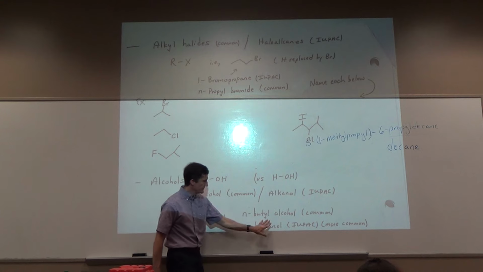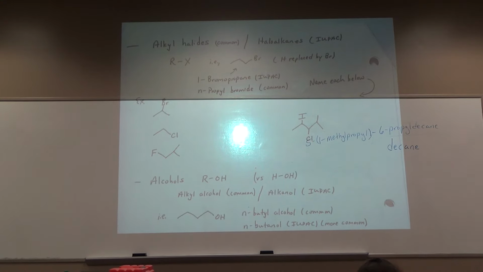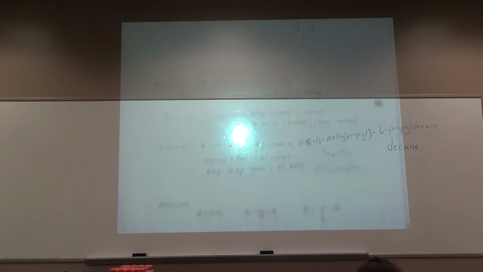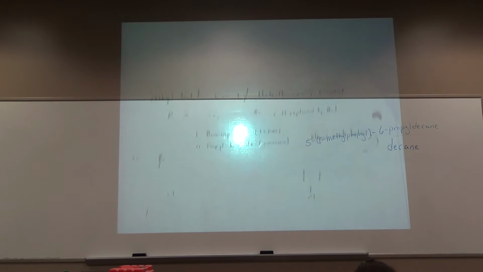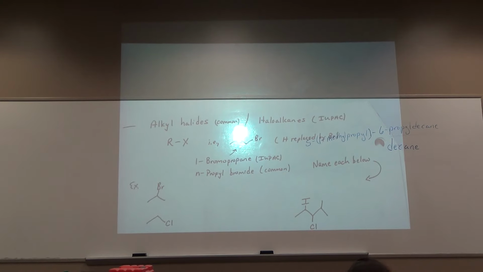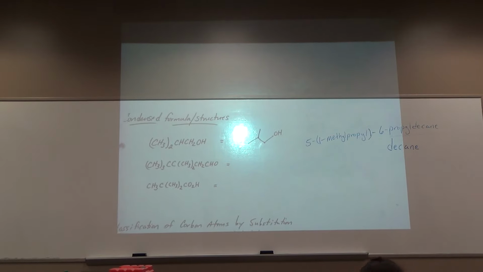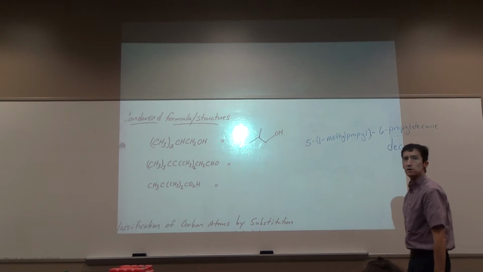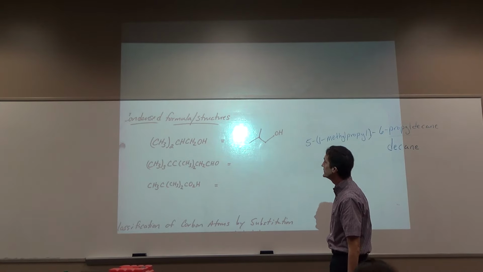That's standard. But alcohols, ethers, and amines will not be on test 1. Just systematic nomenclature, including alkyl halides. Should be pretty straightforward. If you have questions, please ask. There should be questions in your textbook for practice.